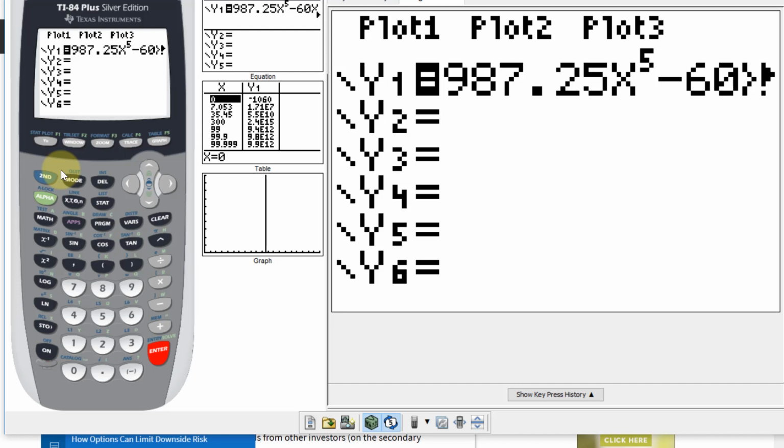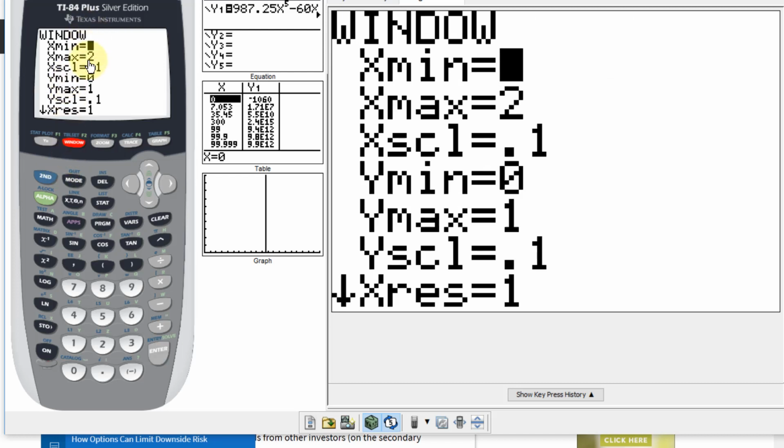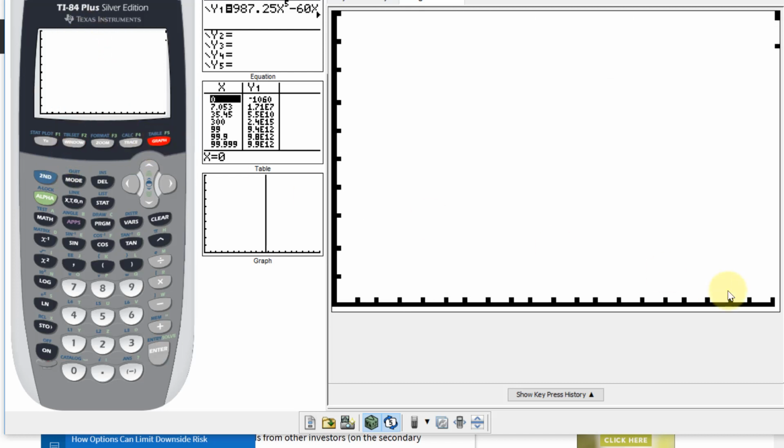Right? So my window is set appropriately, 0 to 2. So again, it's really a curve, but it's such a steep curve at these values that you really can't see the fact that it's curving. And I know this is 0.1, 0.2, 0.3, 0.4, 0.5, 6, 7, 8, 9. This is 1. So the solution is between 1 and 1.10. So it's something, maybe 6%, something like that, between 1 and 1.10.